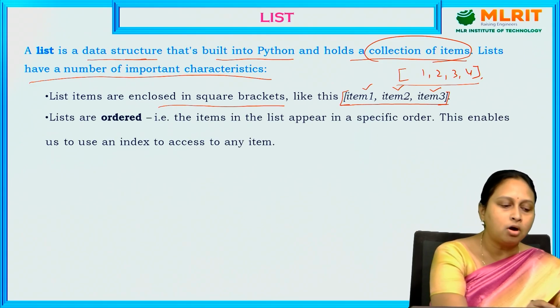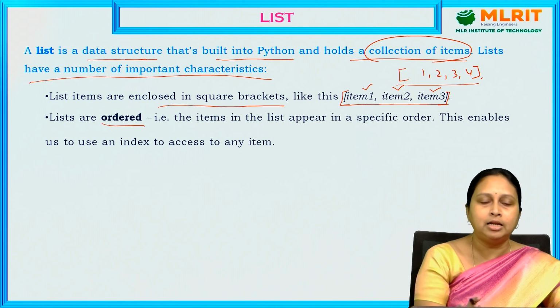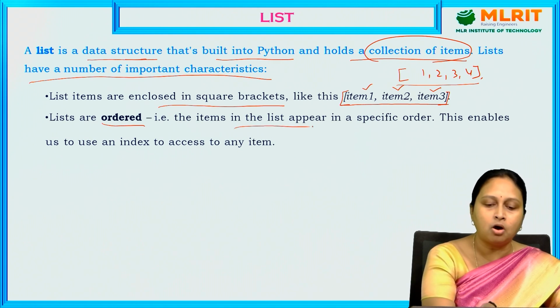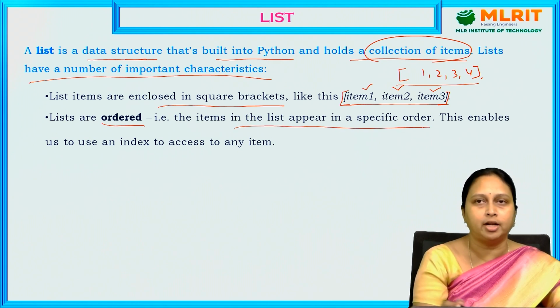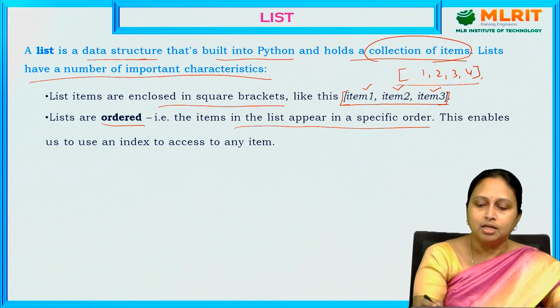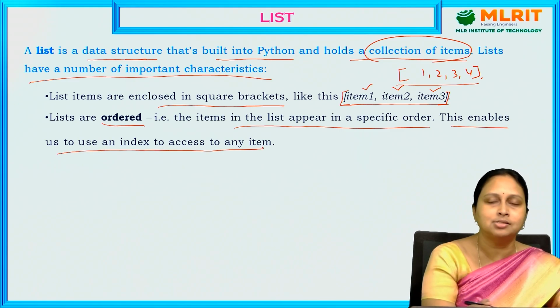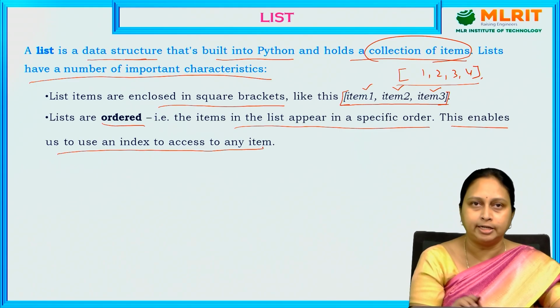And lists are ordered. When you represent a list, all elements are going to be in an ordered format, a specific order. That may be increasing order or decreasing order. Some order it is going to follow. This enables us to use an index to access any element or item.